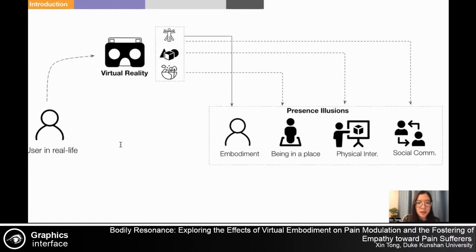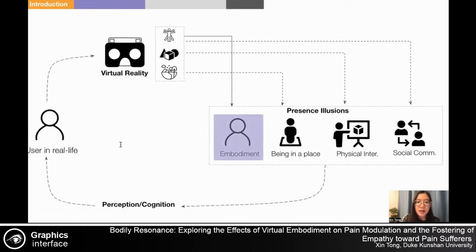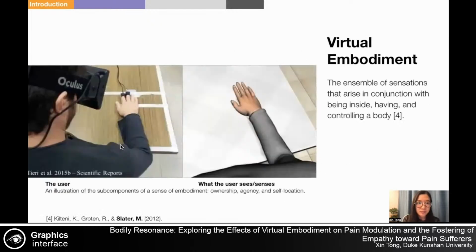The illusions could be categorized into 4 types: self-embodiment illusion, the illusion of being in place, the illusion of physical interaction, and social communication. Presence creates perceptual illusions that alter one's cognition and behaviors in many profound ways. Since embodiment is the focus of my research, I'll elaborate on embodiment next.